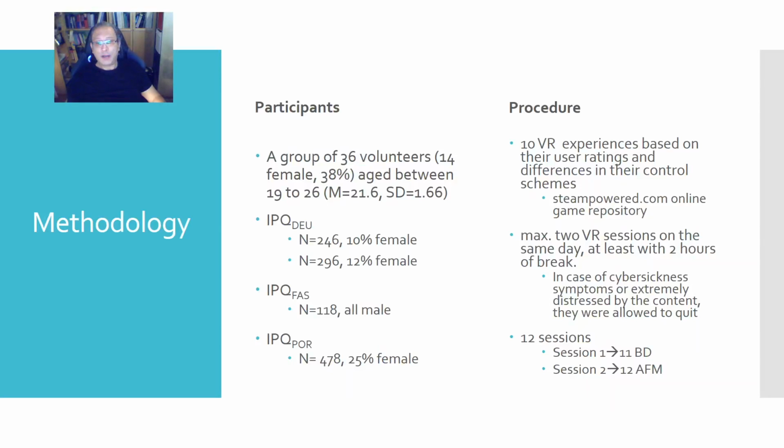But our participants had 12 sessions on 10 different virtual reality environments. So that gave us 432 data points that we can evaluate in order to assess the measurement errors in the iGroup Presence Questionnaire. And well, compared to the previous studies, we have relatively more female participants also.